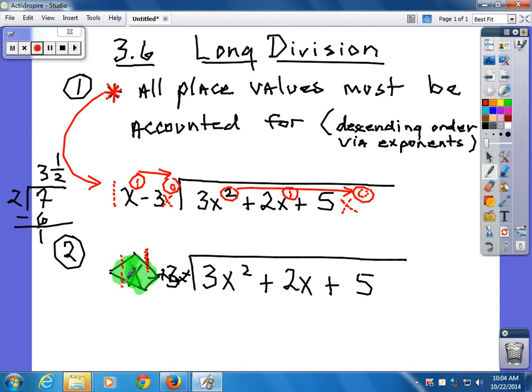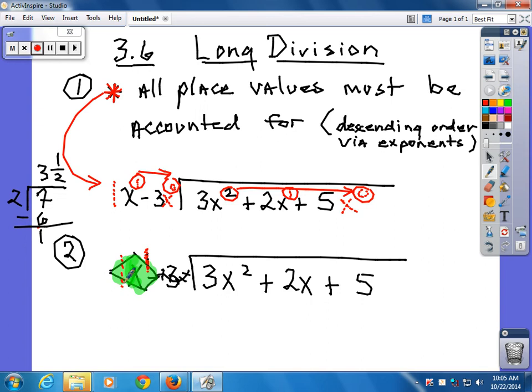And what do you do with multiplication and division of, we multiply exponents with the same base? What do you do? You add them. What do you do when you divide? Subtract them. So I don't want anybody saying, okay, x will go into 3x squared x times, because that's what the students usually do. Or 2x times. That's what they usually do.